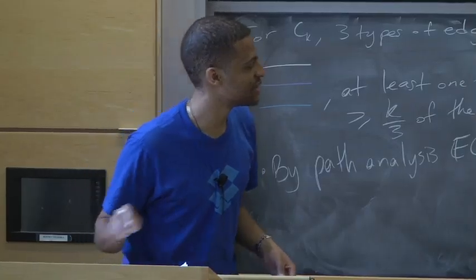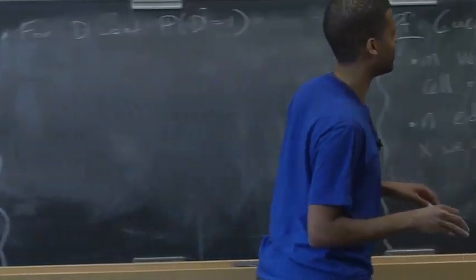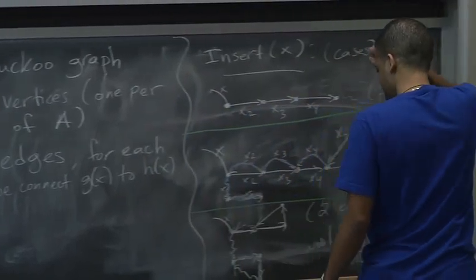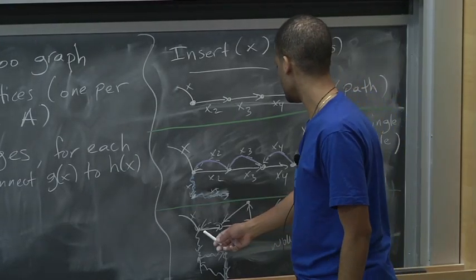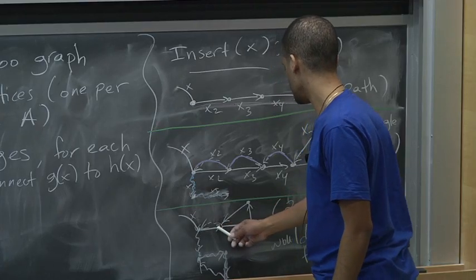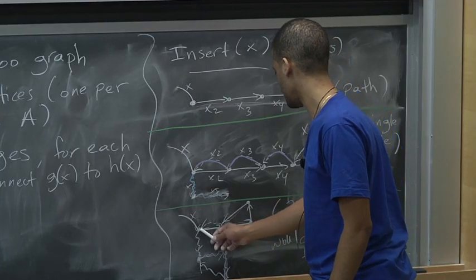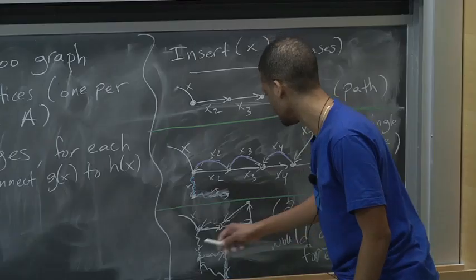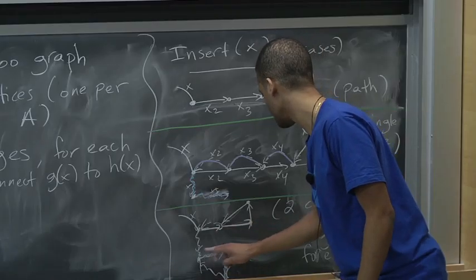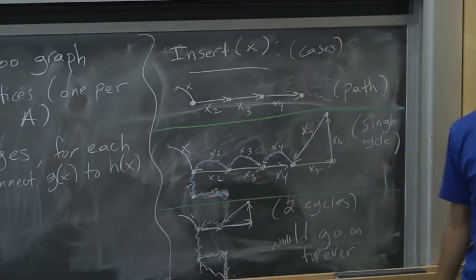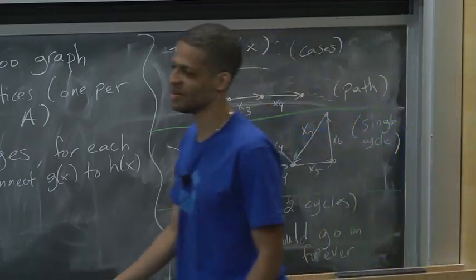So let me remind myself, if it's a length k tour, how many vertices are there? So let's say that this goes on 1, 2, 3, 4, 5, 6, 7, 8, 9 steps, but the number of vertices is 1, 2, 3, 4, 5, 6, 7. Okay, so I think the right answer is there are k minus 2 vertices.